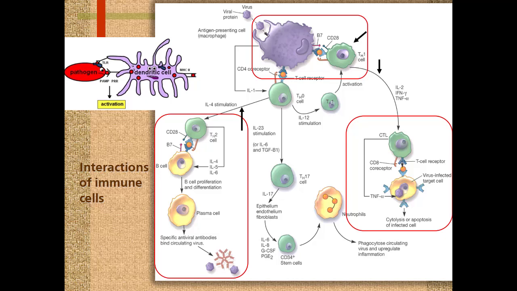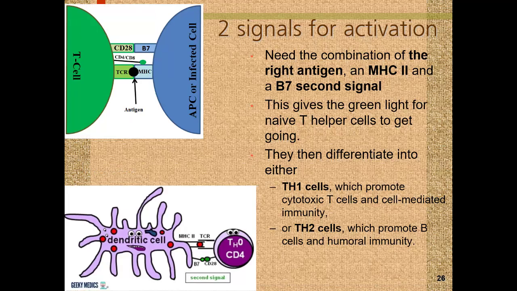Now look at the big picture. You see that same APC, it's taken in a virus in this case, presents to a T helper cell. Notice the receptor attachments between the two cells. So let me go back and remind you about something.